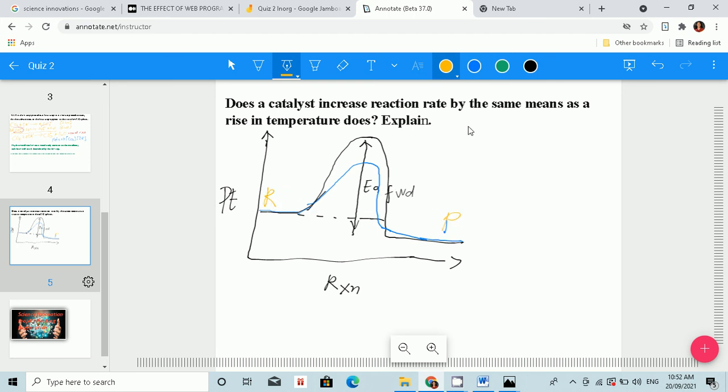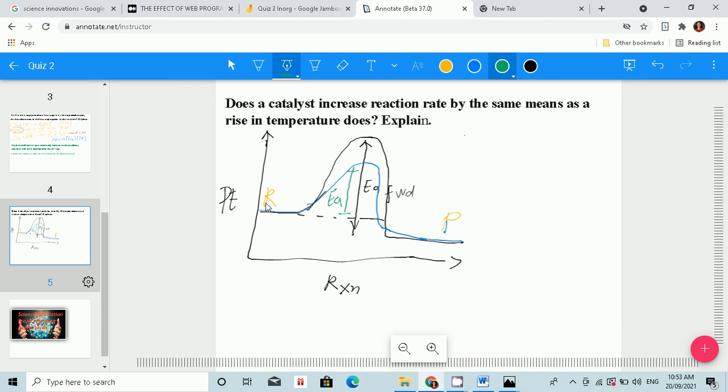And look, when there is a catalyst, the forward activation energy decreases. So if there is a catalyst, the energy of activation decreases.